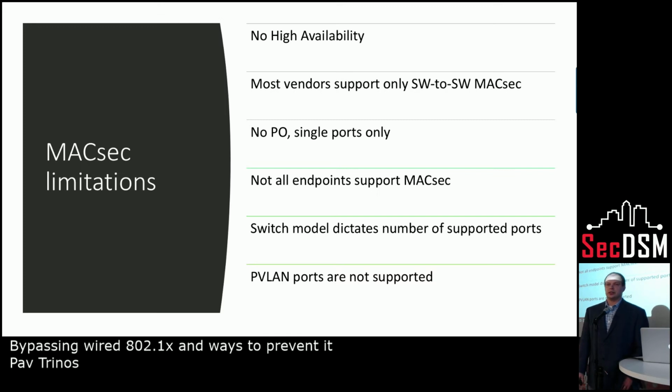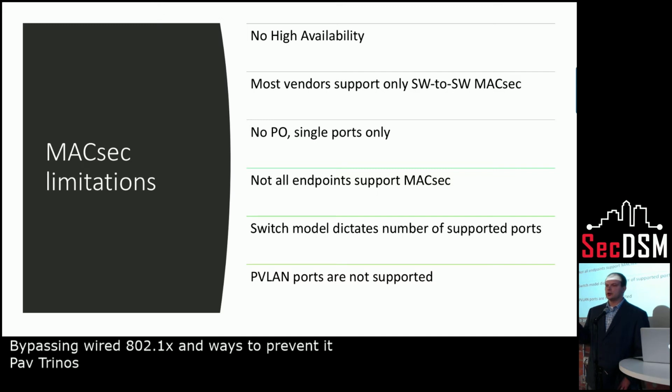Limitations, actually a ton. 9 years, very new. There is no high availability to it. One port, one MAC address, you cannot do a lot. You cannot bundle the ports for servers if you're using some sort of port channel. If you're looking at very specific vendors, I can pick on Cisco, for example.